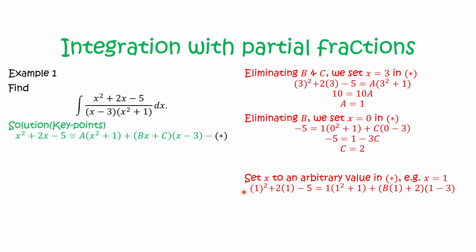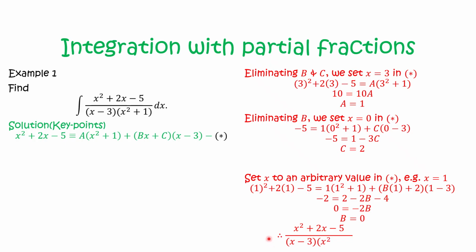In such a case, we are going to have 1 squared plus 2 times 1 minus 5 is equal to 1 times 1 squared plus 1 plus b times 1 plus 2 all multiplied by 1 minus 3. Then simplified, we would get minus 2 is equal to 2 minus 2b minus 4. So that we get 0 is equal to minus 2b, implying that b is equal to 0.